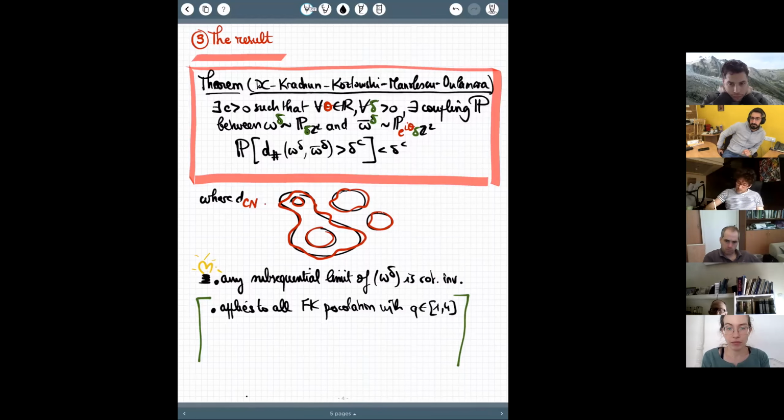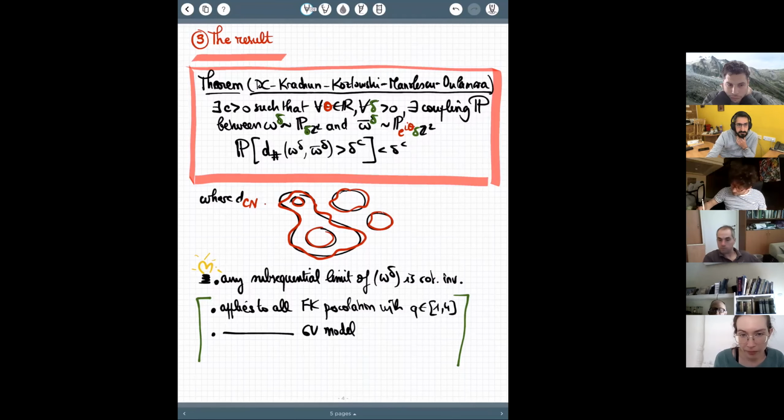It also applies for, because I know that some people like this very much, 6 vertex models. And here we believe, and this is not yet proved, a student is doing it, but with A equal B equal 1 and C larger or equal to 1.